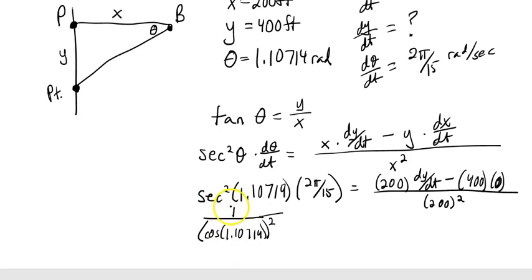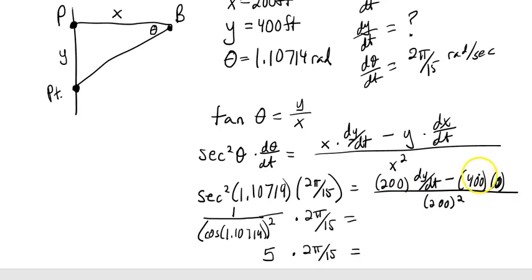But you don't have a secant button, so you have to do the 1 over cosine and make sure it's squared. And then you multiply by the 2π over 15. Now, what's nice is if you use that second answer and get that whole decimal and do it correctly, that actually ends up to be 5. So you have 5 times 2π over 15 on that side.